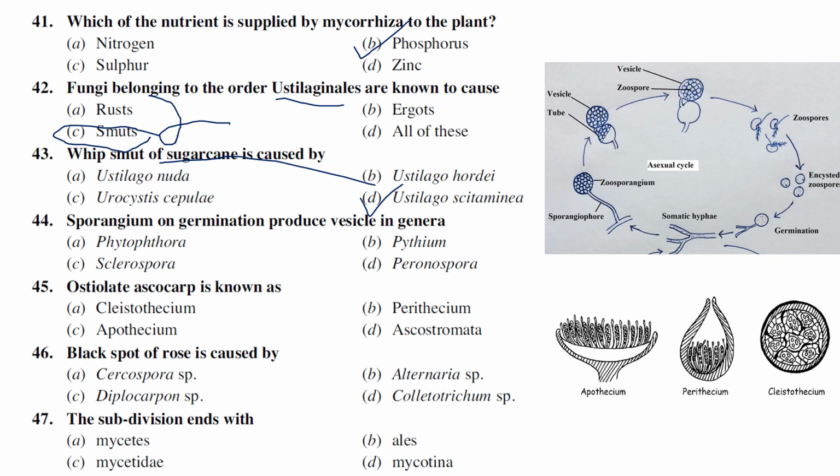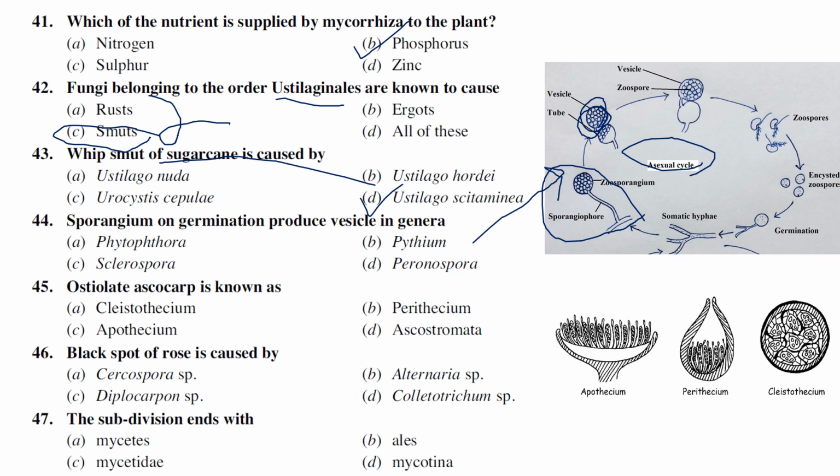The next one: sporangium on germination produces a vesicle in which genus? For that I have given this picture. This is the life cycle of Pythium aphanidermatum. On the sporangium, a small club-shaped vesicle-like structure is formed above the sporangium. That structure is known as a vesicle.